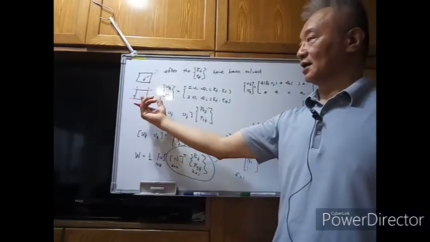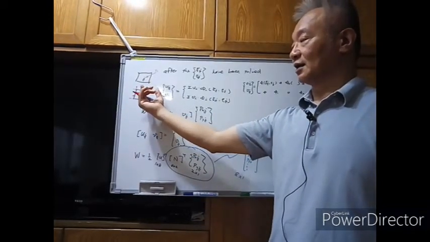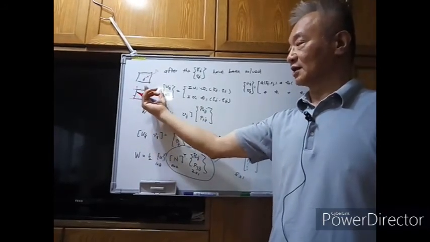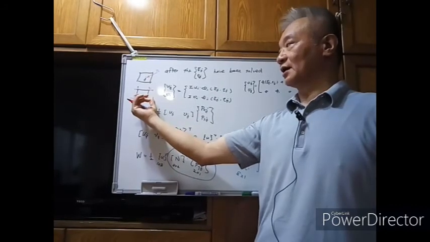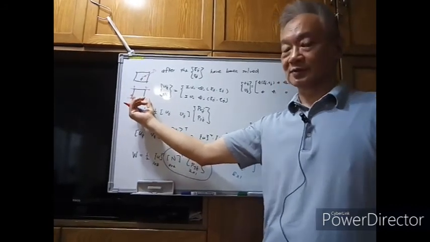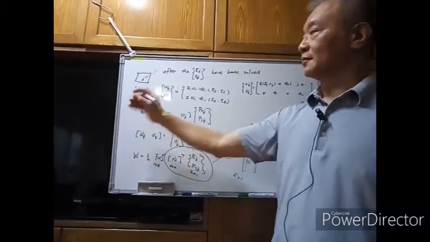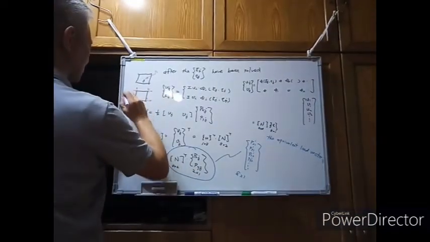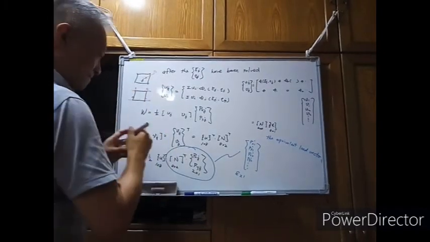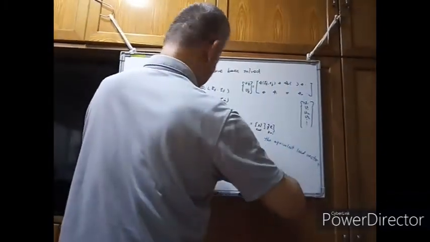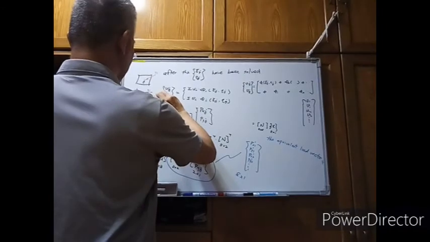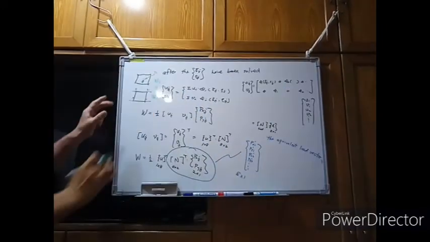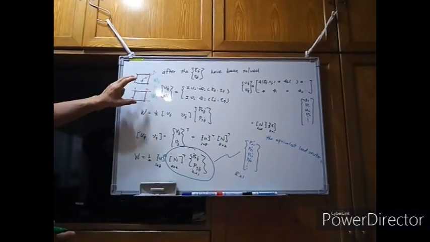Since we have 8 different component loadings, the loads must be multiplied by the corresponding nodal displacements. However, if this one is W1 and this one is W2, the work done by these two sets of loadings is equal.